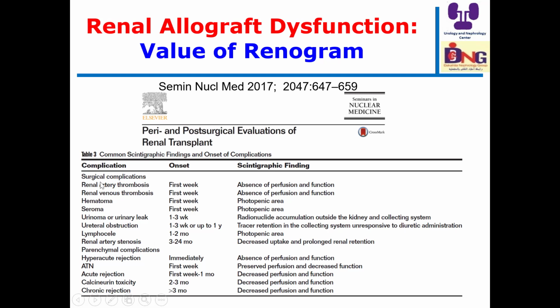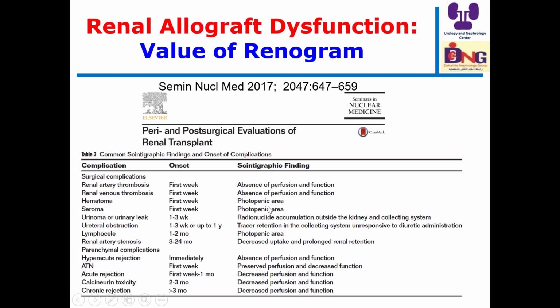And here are the common scintigraphic findings and onset of complications. This is renal artery thrombosis in the first week. Here you can find absence of perfusion and function. So in renal vein thrombosis, absence of perfusion and function. In hematoma, a photopenic area; seroma, same; urinoma, you can find leakage outside the kidney and the collecting system.